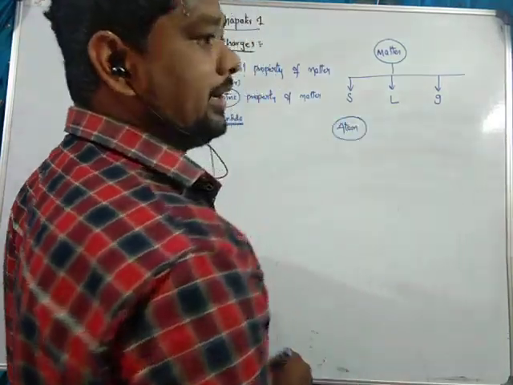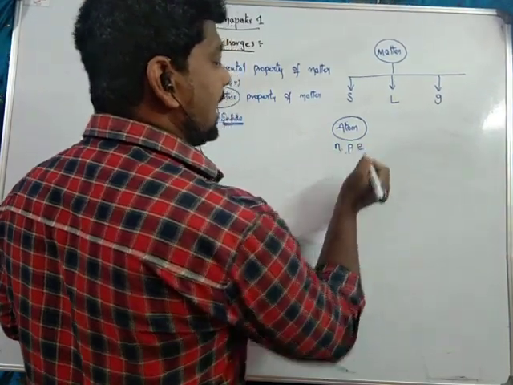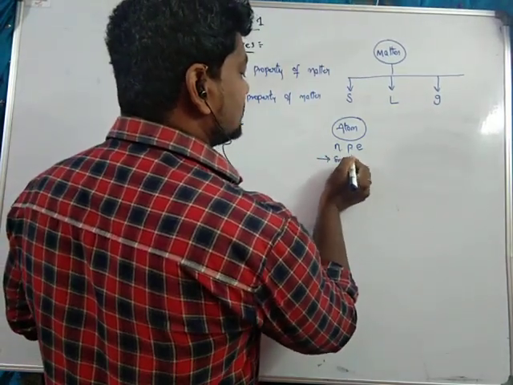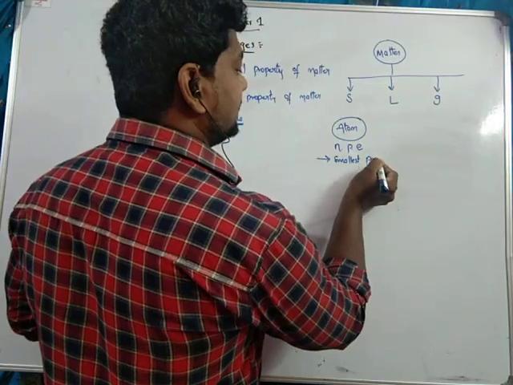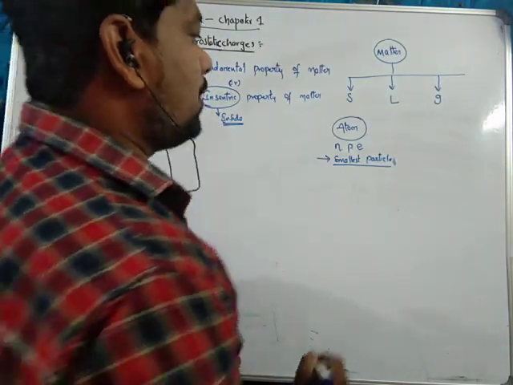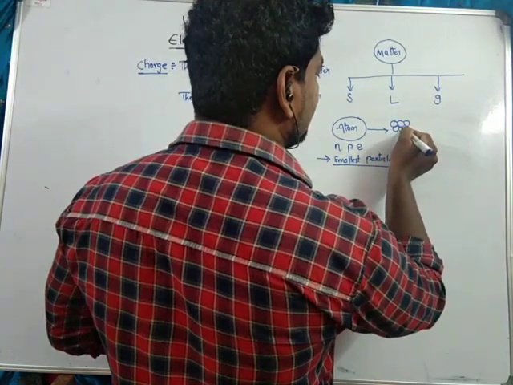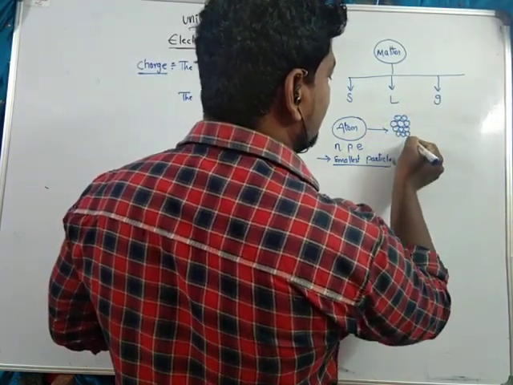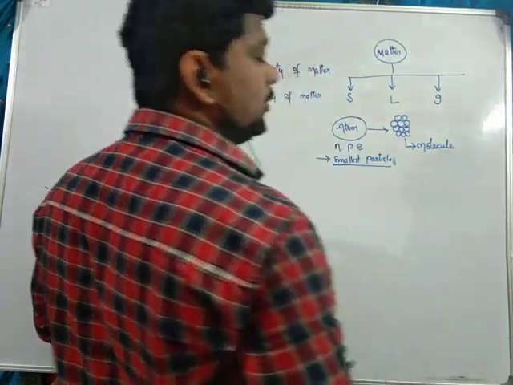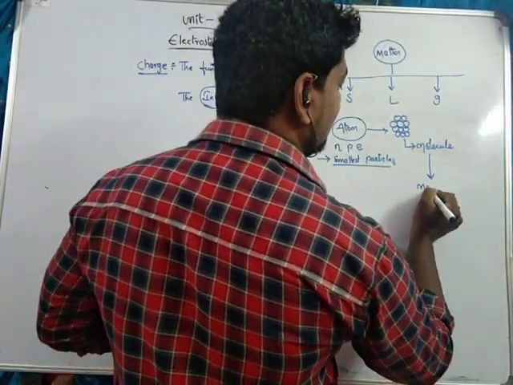Atom is the smallest particle, which is made up of neutrons, protons and electrons. A group of atoms will make a molecule, and a group of molecules will make a matter.